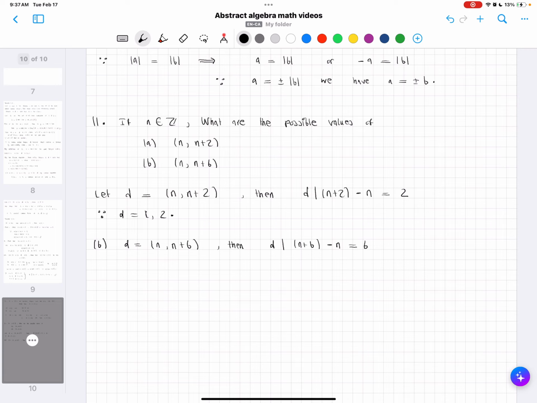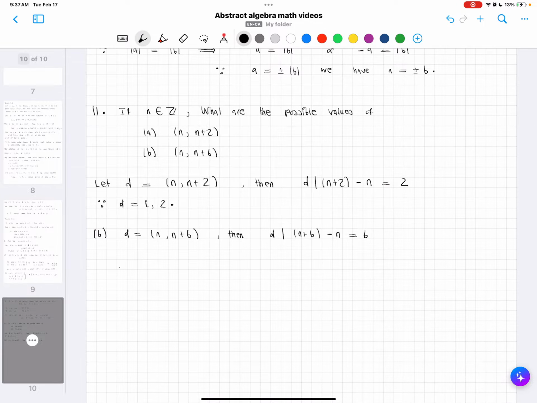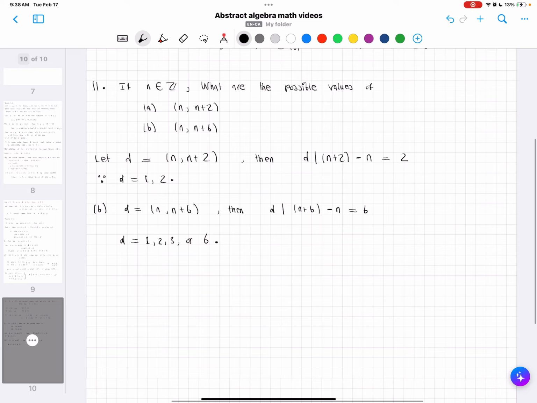So it has to be one of the divisors of 6, which are 1, 2, 3, and 6. So D can be any of those options. And those are the only conditions we have on D.